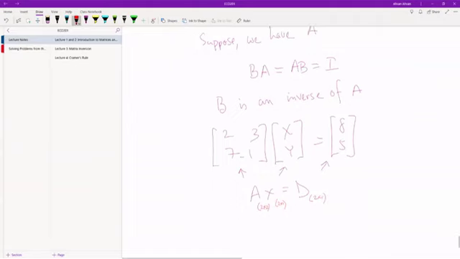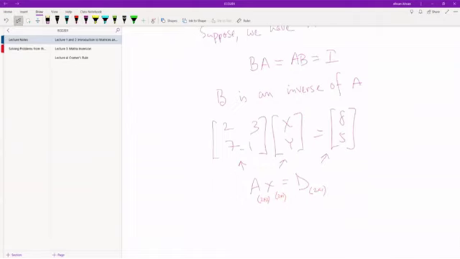That's not important. What's important is that, as we already saw, we cannot do this, X equal to D by A. We can do this in algebra, not in matrix.